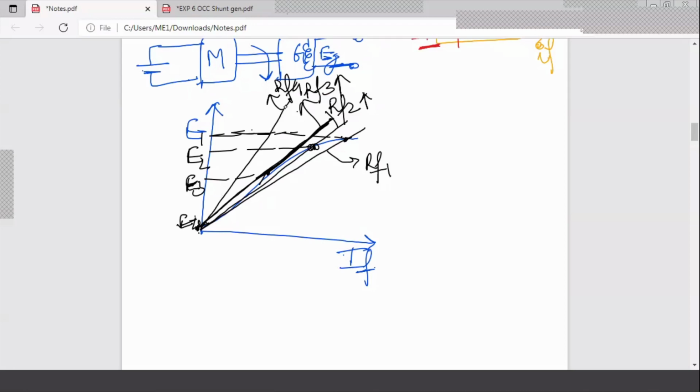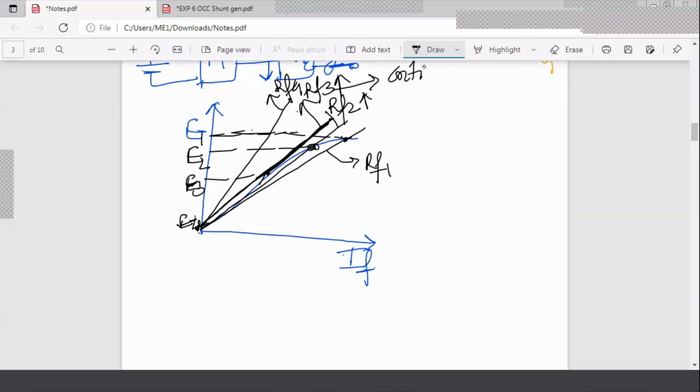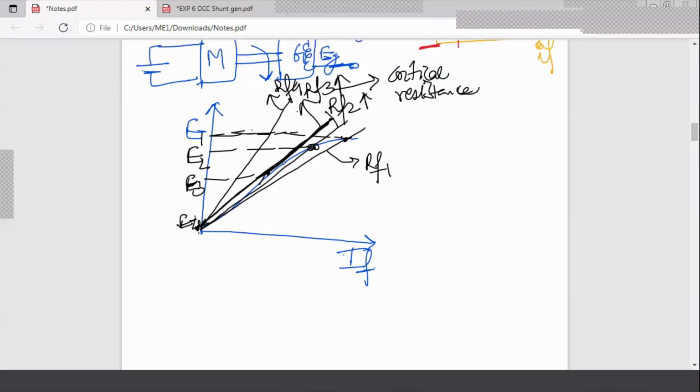And that boundary condition or that value of resistance is known as the critical resistance. So in this particular case, what is the boundary value? The boundary is when the slope of your line becomes the tangent to your curve.